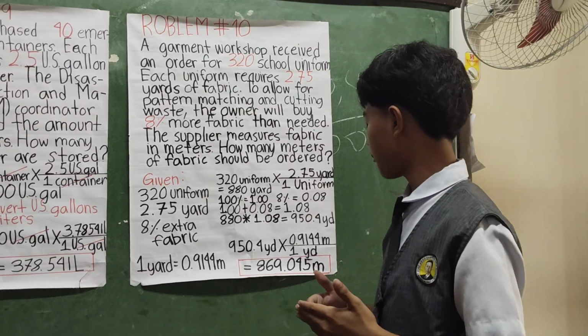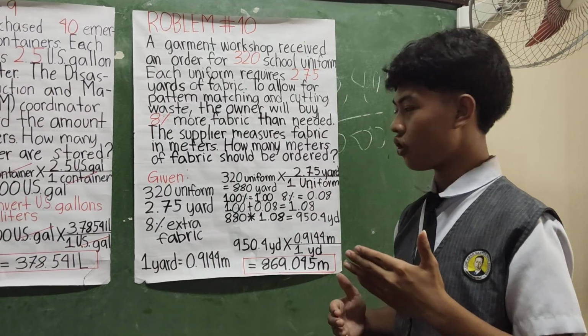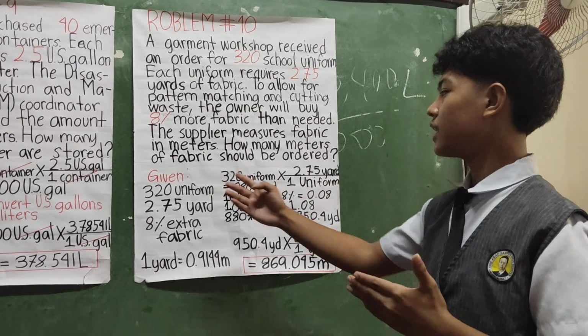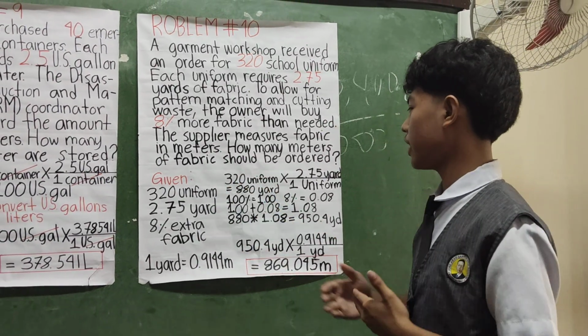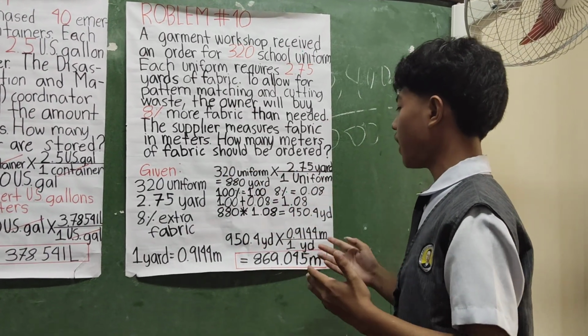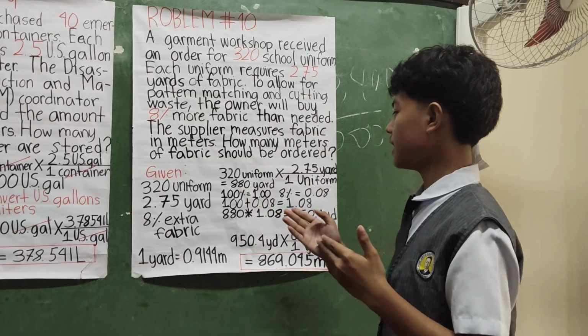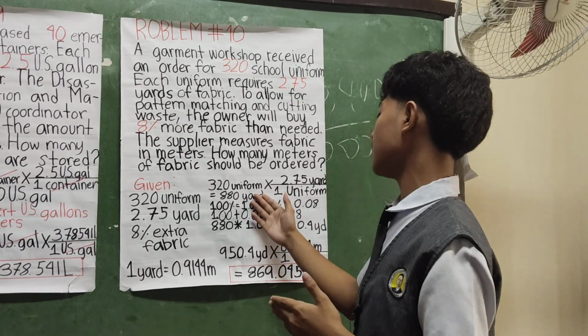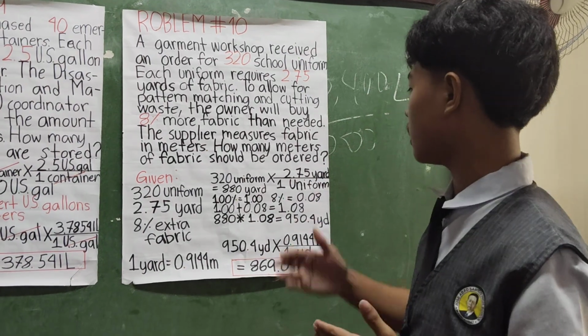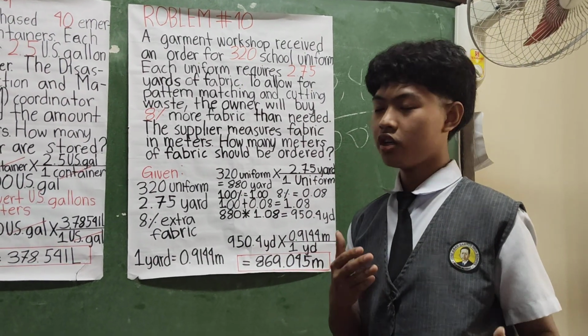To find how many yards to make 320 school uniforms, we multiply. 320 times 2.75 is equal to 880. So the unit uniform is cancelled out. It leaves only yard, and that will be our unit.